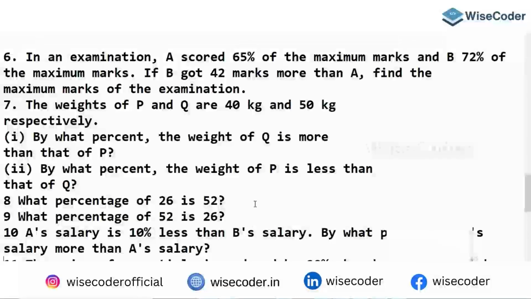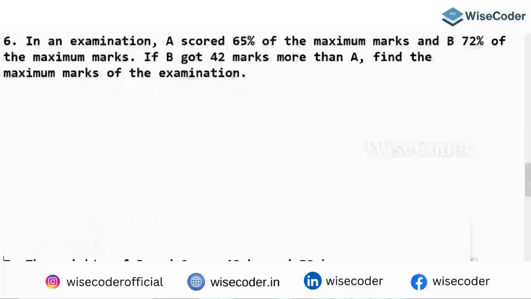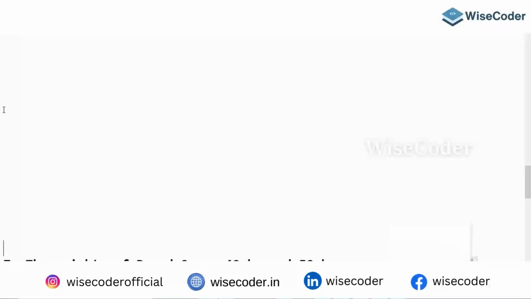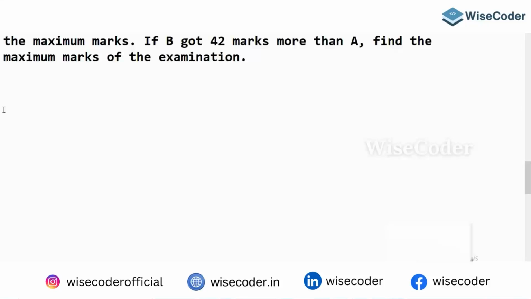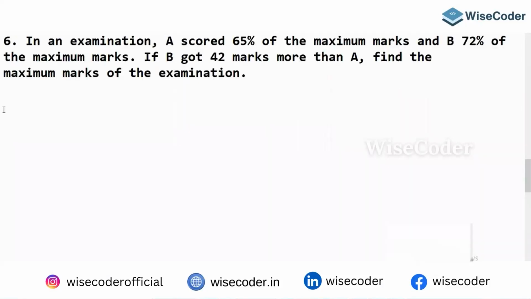Look at question number 6 and try to solve. Please pause the video and try to solve this question. In an examination, A scored 65% of maximum marks and B 72% of the maximum marks.